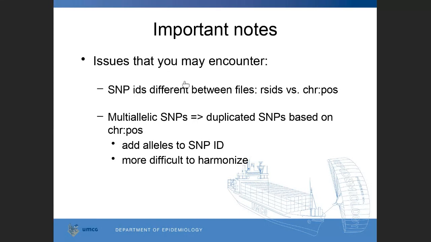So you have to harmonize SNP IDs, and then the chromosome position format is preferred, but then you might end up with duplicated SNPs based on only chromosome and position, and you could add alleles to the SNP ID, but that makes it even more difficult to harmonize.